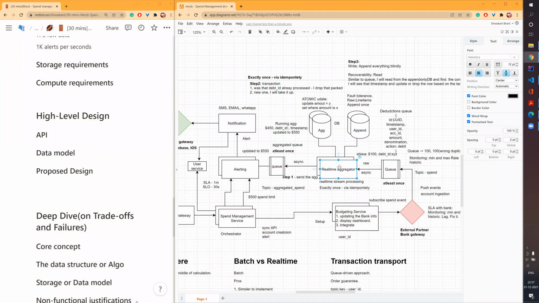Real-time aggregator 1 reads from the first queue and pushes into the DB, and real-time aggregator 2 reads from the DB and updates another queue, which is used for alerting.